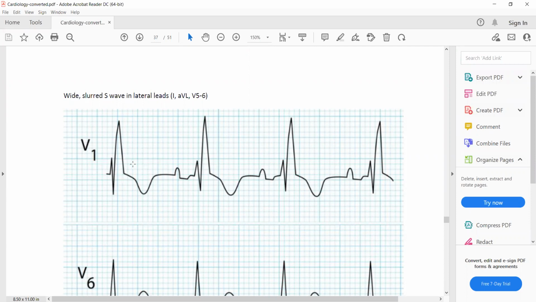What is RSR pattern? There is a small R wave, then there is an S wave, and then there will be a large R wave. So the first R wave is called R wave, and the second, the larger one, is called R dash. So there will be an RSR dash pattern in V1.